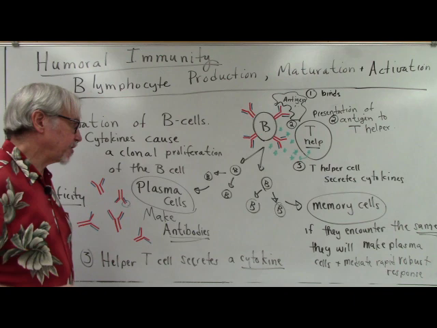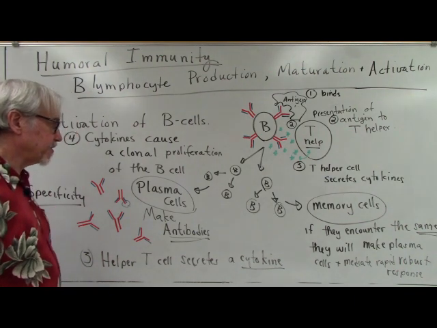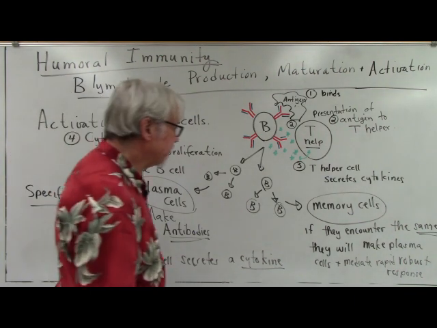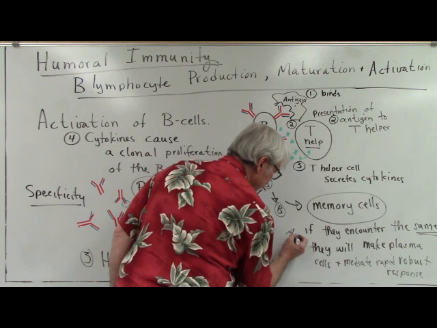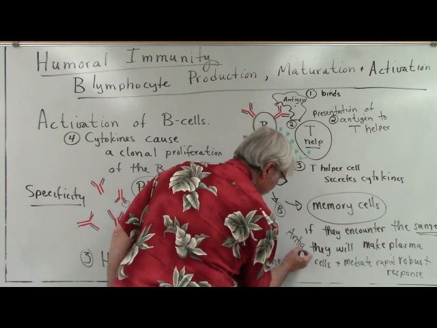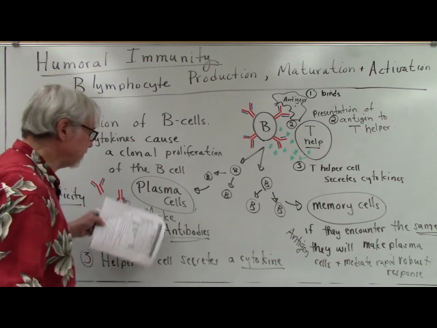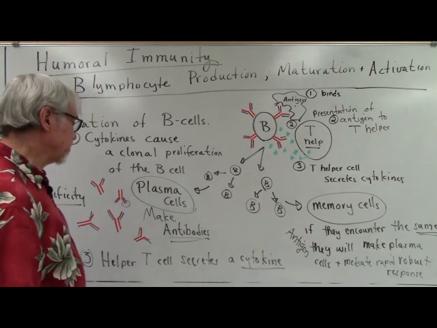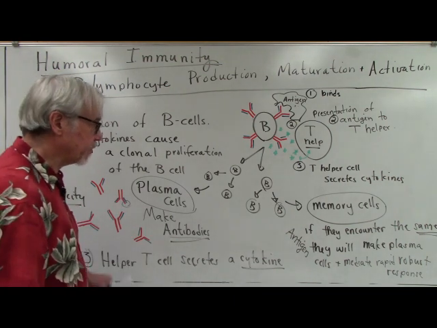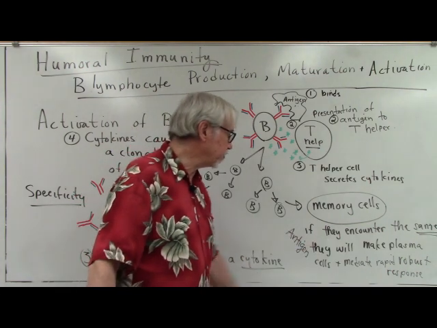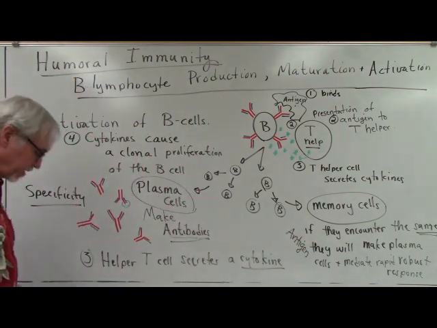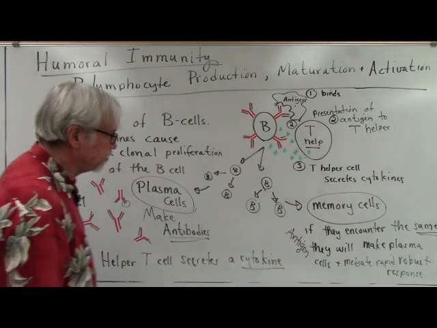So if the memory cells encounter the same antigen, they will make plasma cells, again, like here, and the plasma cells will make antibodies fairly quickly, and they'll mediate this very rapid, robust response that you know as the secondary response.